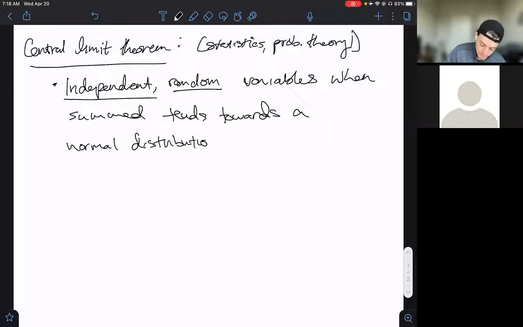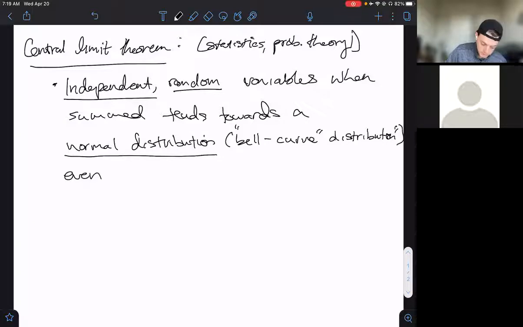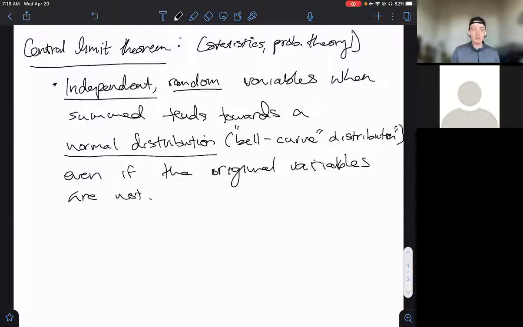We haven't encountered this term before, so I'll go ahead and define it. This is like the bell curve almost, if you want to think about it visually. This is the bell curve distribution, even if the original variables are not. What does this mean?